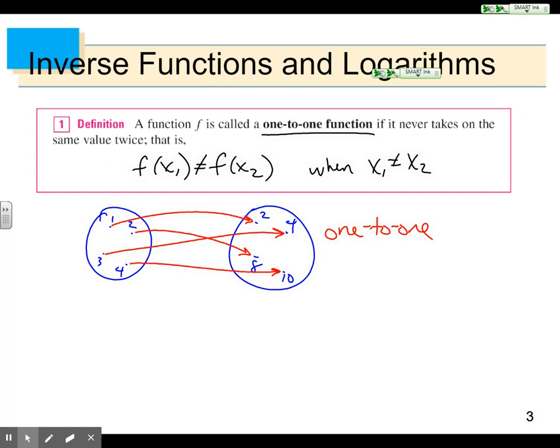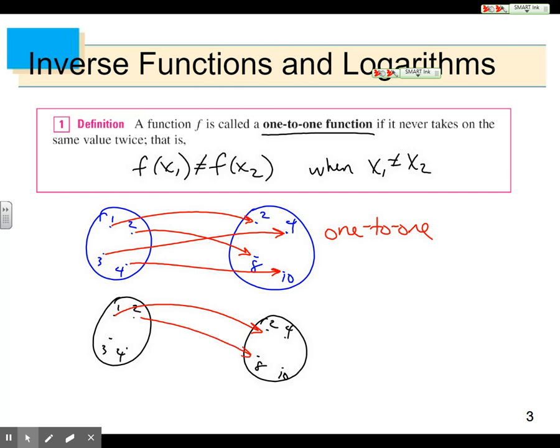Now, while it's still a function, suppose I still have the 1, 2, 3, 4, and I'll use the same 2, 4, 8, and 10. It's still okay, it's still a function if the 1 maps to the 2. Where did the 2 go? The 2 went to the 8. We're still in line to be a function, but it's not going to be a one-to-one function as soon as the 3 goes to the 8 as well.